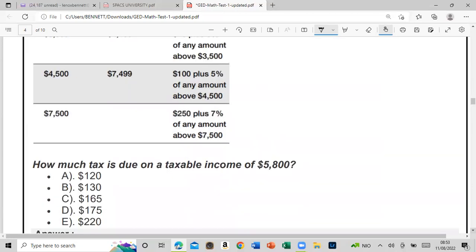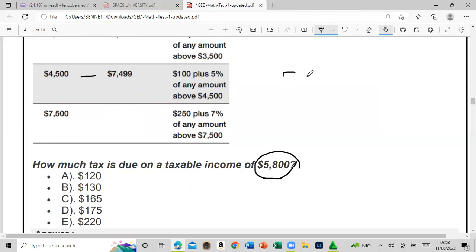How much tax is taxable income of 5A? Alright, so let us find the category that this falls in. 450, from 450, so it falls in another region, right?